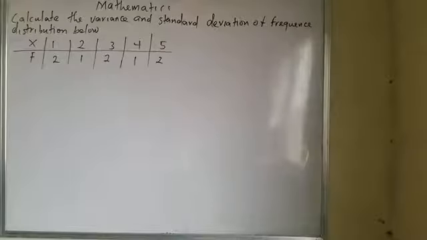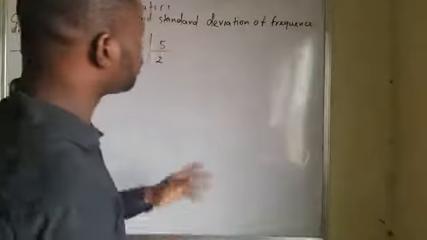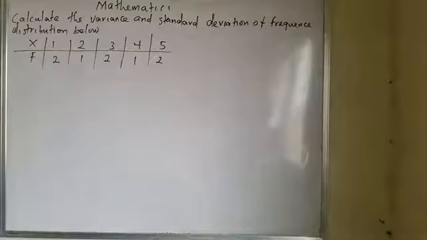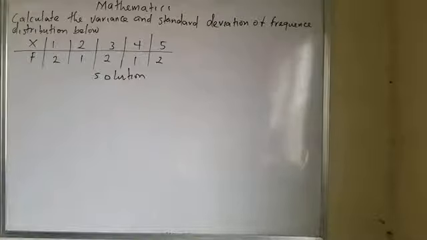This one, the story is different, because there is frequency. Calculate the variance and standard deviation of the frequency distribution below. This is the value, this is the frequency. Now, how do I go? Solution. I'm looking for the standard deviation and variance.